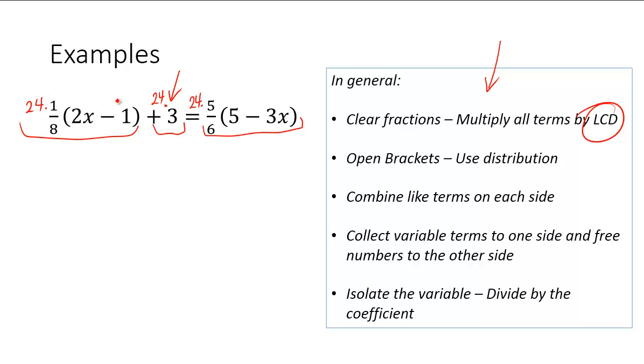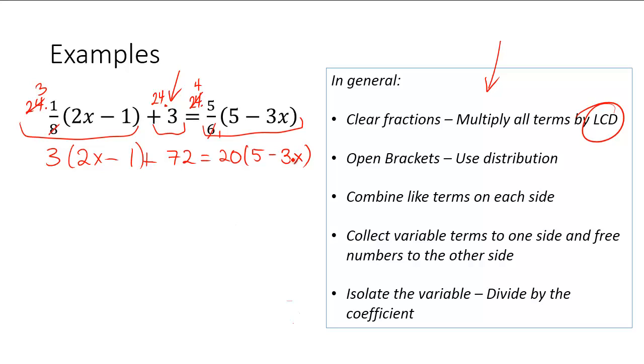So before we multiply anything with the distribution property, we want to simplify. So 24 over 8 is 3. So really, we can just say 3 times (2x minus 1) plus, and then we've got 3 times 24, which is 72. And then we can simplify the 24 with a 6, which is 4. 4 times 5 is 20, multiplying into (5 minus 3x).